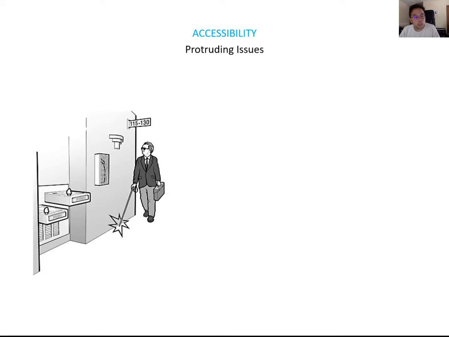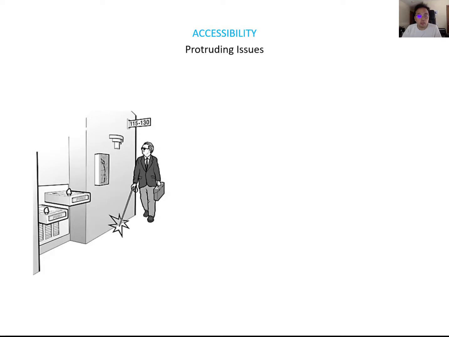So I'm just bringing out this one example here. What do you need to consider for these people? First we have to find out the dimension, because the people who are visually impaired bring this cane, the guide cane.